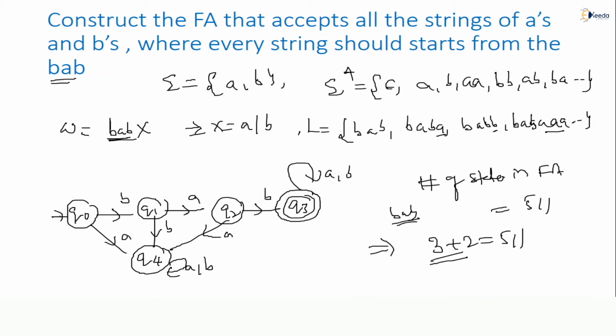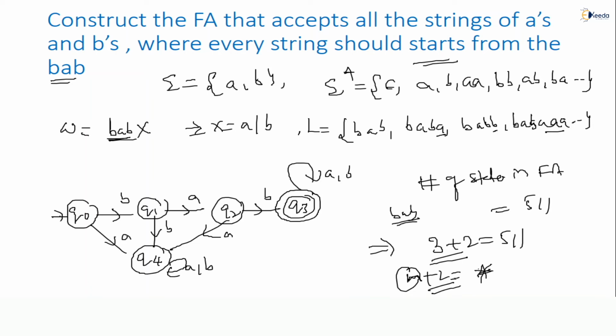So some sequence we can think of: suppose any question comes, construct the FA that accepts all the strings of A's and B's where every string should start with some given string. Whatever the length of the starting string is, if I add 2, you will get the number of states. Suppose it starts with M, then M plus 2; if it starts with N, then N plus 2.